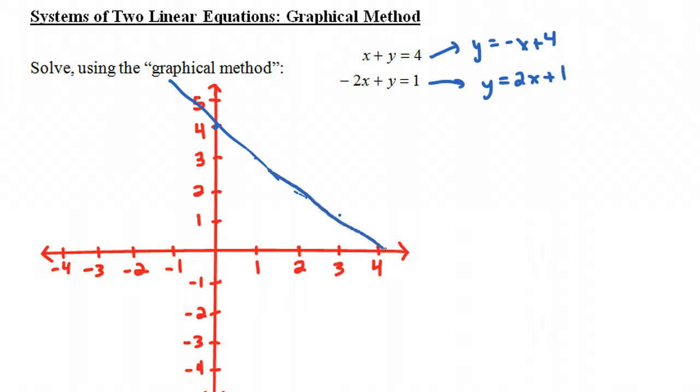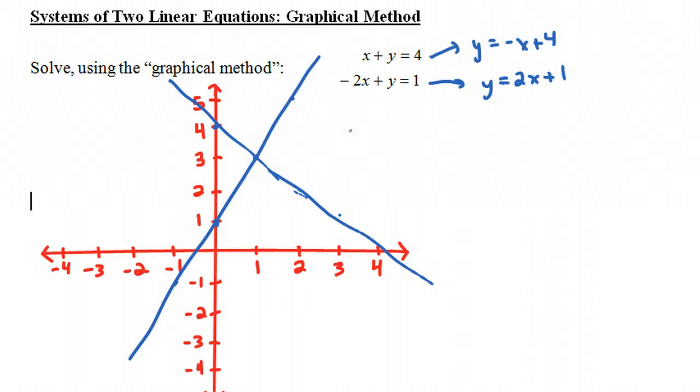And y equals 2x plus 1 is going to have a y-intercept of 1 and a slope of 2, meaning if you go over 1, you'll go up 2. If you go over 1 more again, you'll go up 2 again. Likewise, if you went back 1, you would go down 2. So y equals 2x plus 1 looks like this.